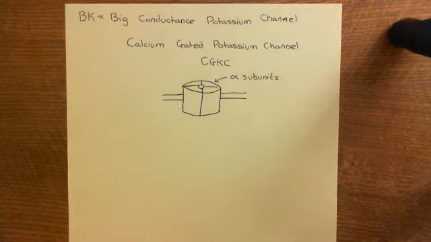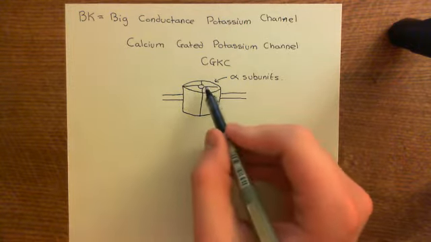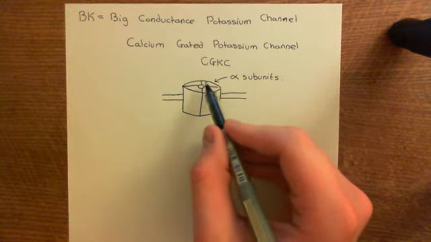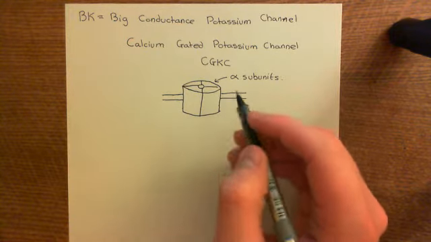You might think it would be extremely simple if there was just one alpha subunit, and all you had to do was make 4 copies of this protein and stick them together to make the pore-forming unit of a calcium-gated potassium channel. But it's not that simple. Instead, there are many genes that can all code for an alpha subunit of the calcium-gated potassium channel.